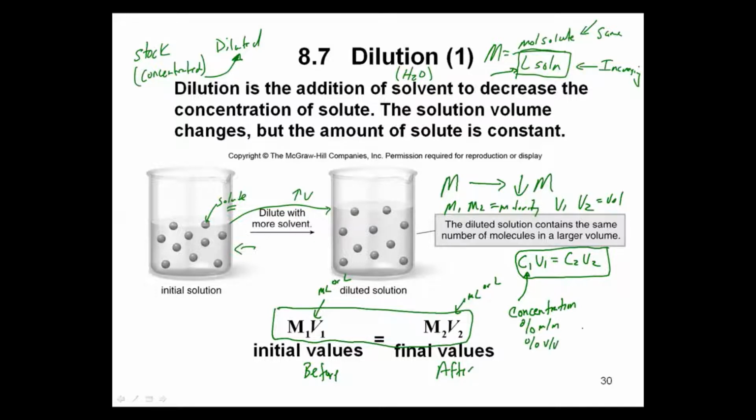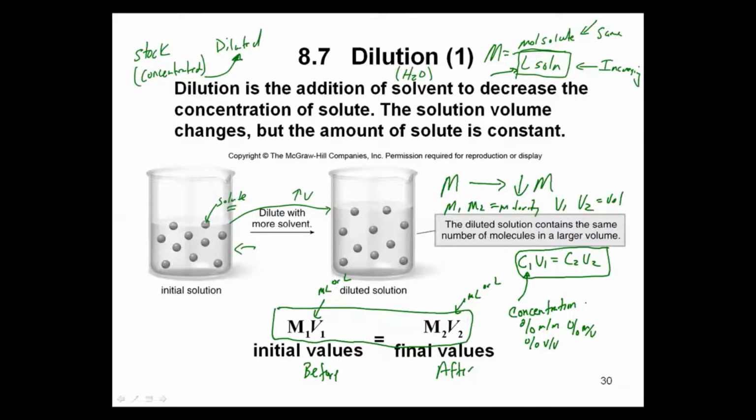You could do percent mass to volume, etc. It doesn't necessarily always have to be molarity, although most people will use the M1V1 equals M2V2 because, again, molarity is the most common unit of concentration. But technically speaking, you don't have to use molarity in that sort of formula. So sometimes people will write that equation in a generic way as C1V1 equals C2V2. Works the same way and so forth.